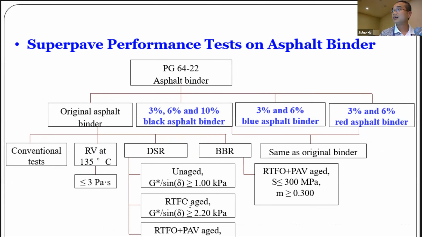In order for the material to be industrially accepted, it still needs to be adapted to the industry specification. For example, this is a comprehensive Superpave asphalt binder grading testing schema. A range of testing needs to be satisfied for the material to be accepted by the industry as a practice standard.